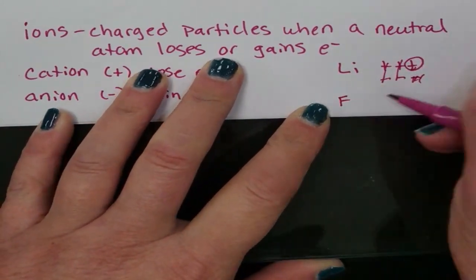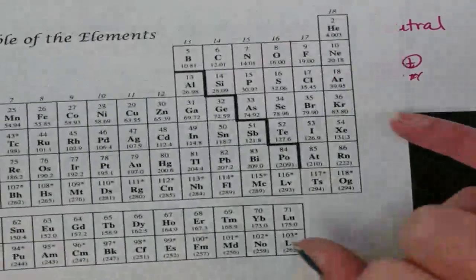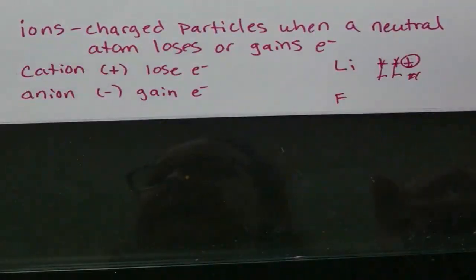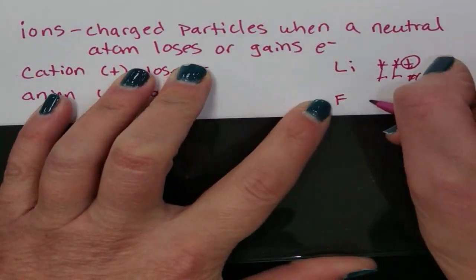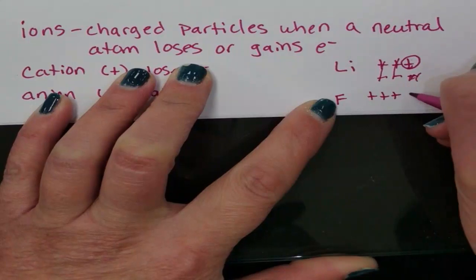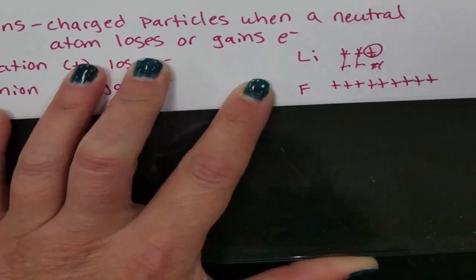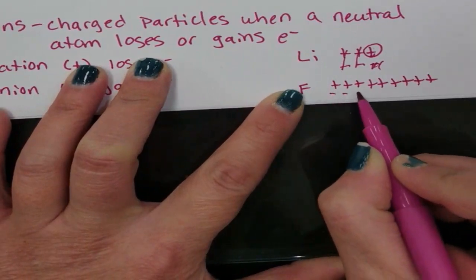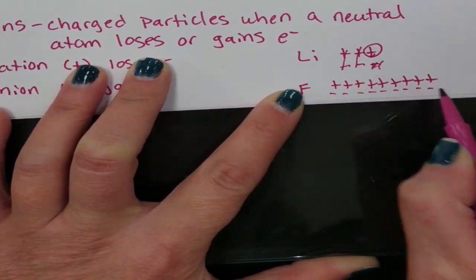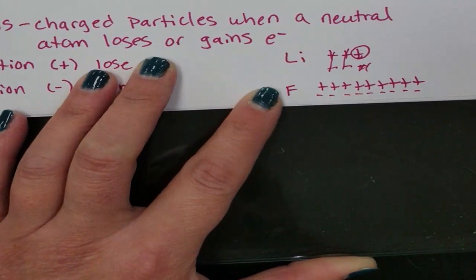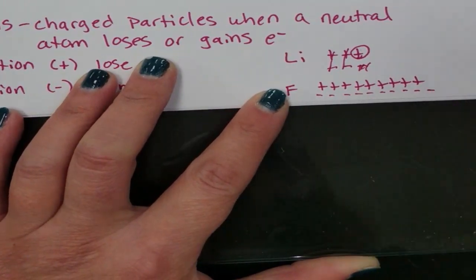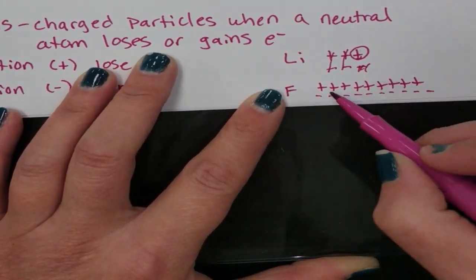Fluorine has an atomic number of 9, and it has 9 protons and 9 electrons. Now, fluorine actually gains 1 electron, and we're going to learn how that happens in a few minutes.